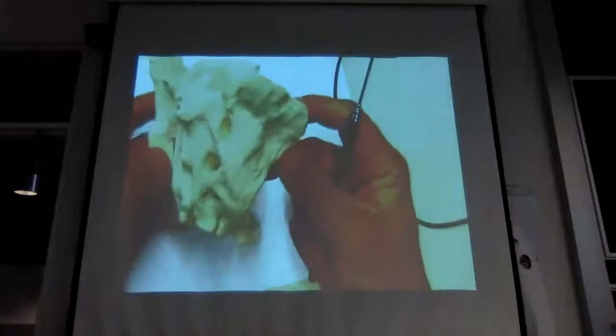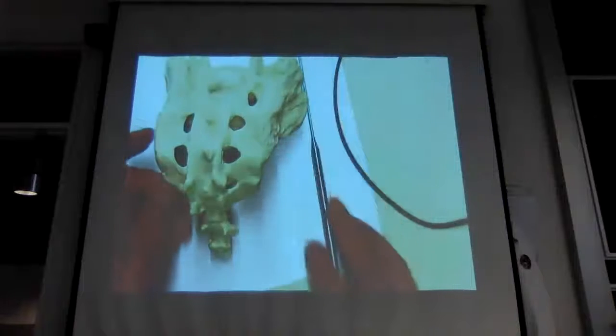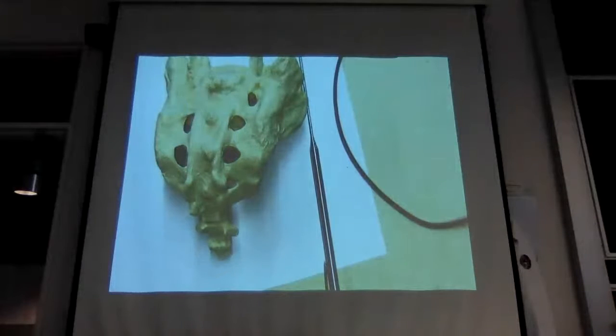Questions on vertebrae? What about? Keep going down. Here's the sacrum. You'll notice, in early development, it used to be separate vertebrae that fused together.